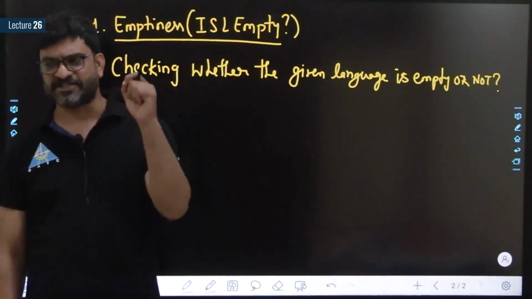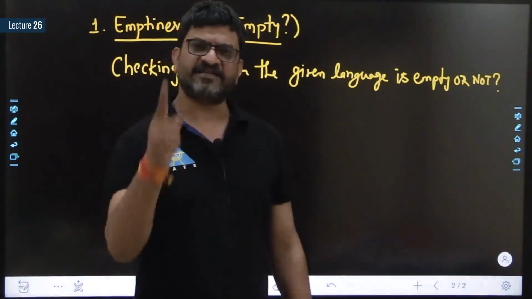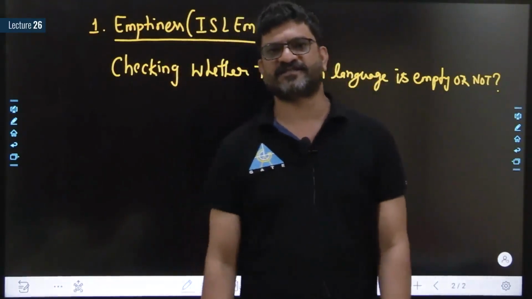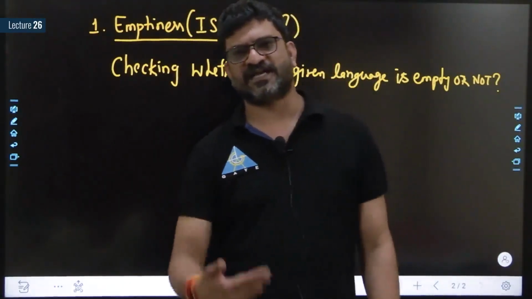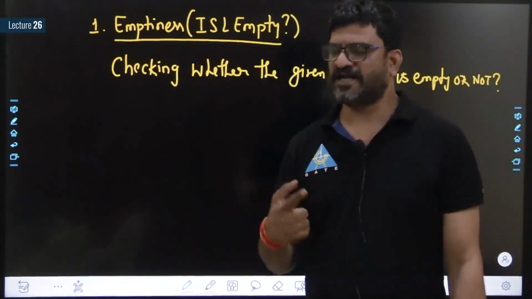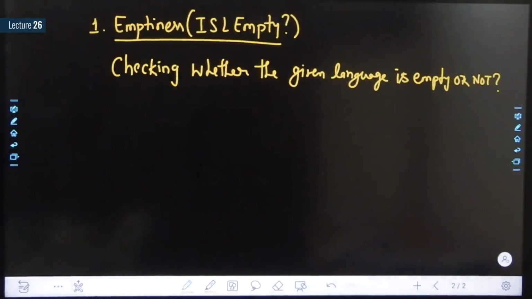If the remaining machine contains at least one final state, then we can say the machine accepts a non-empty language, otherwise empty language. Clear?